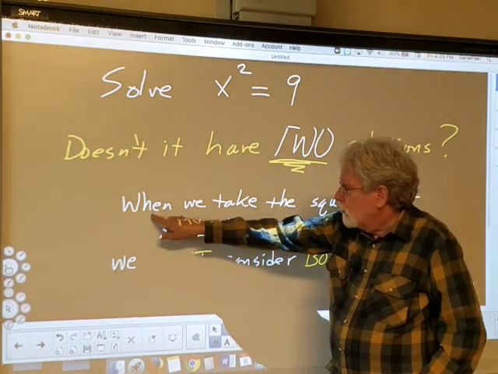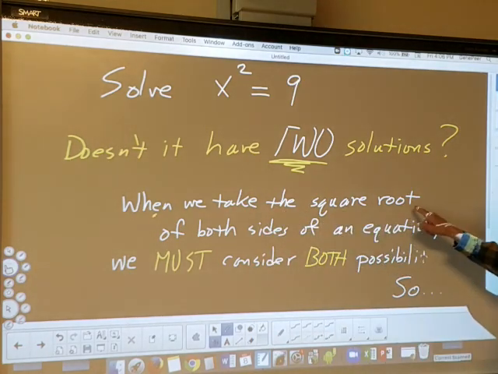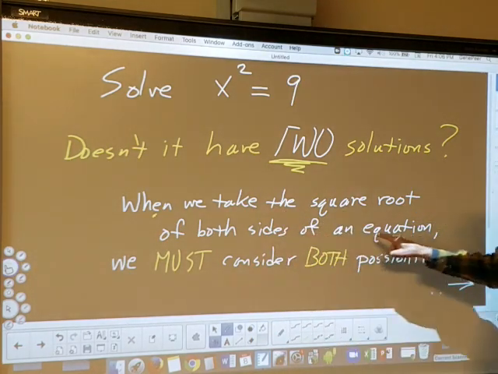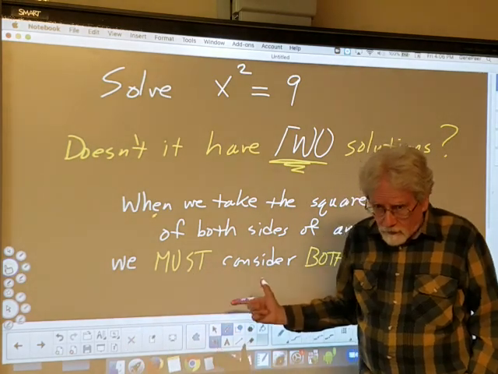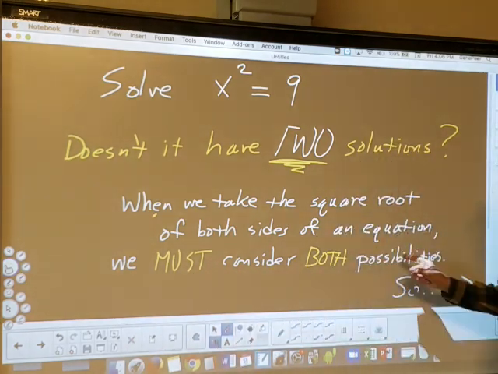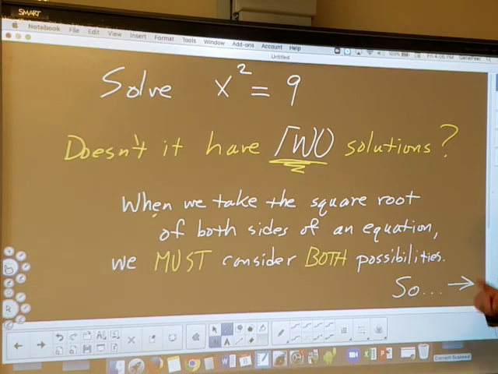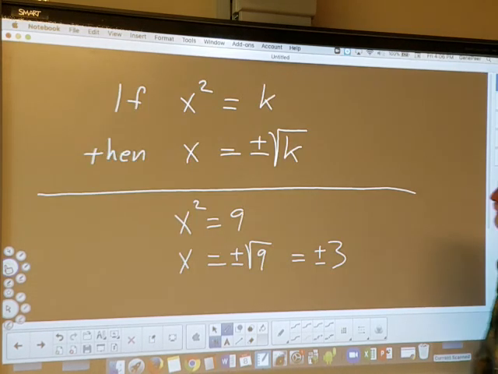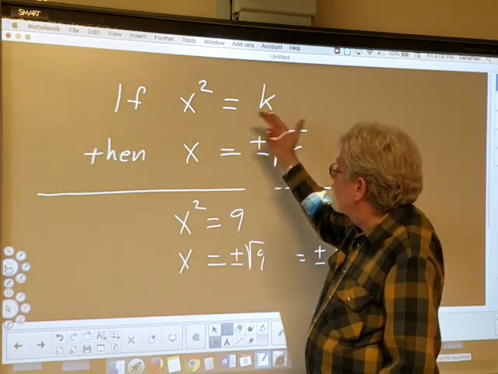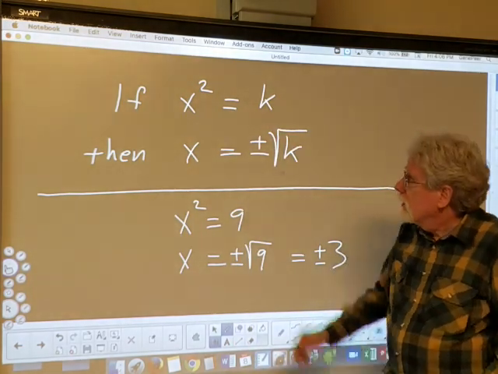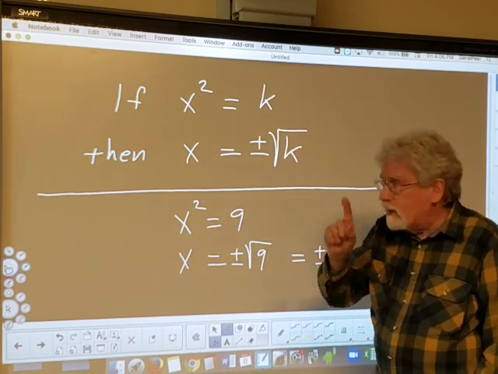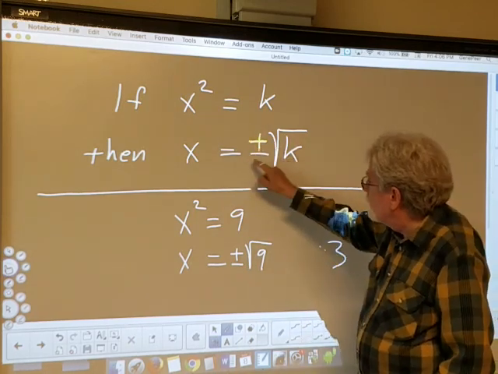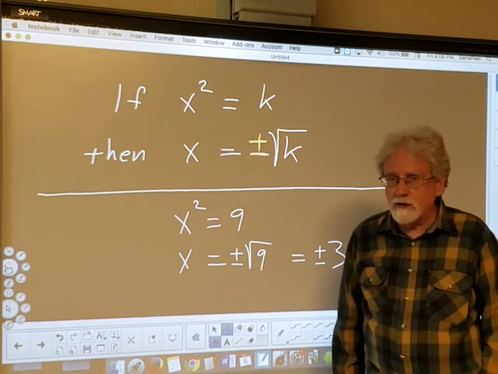Here's the rule. When we take the square root of both sides of an equation, we must consider both possibilities. If you have an equation like x squared equals k, where k could be anything, when you take the square root of both sides, you must consider both the positive and the negative square root of k.